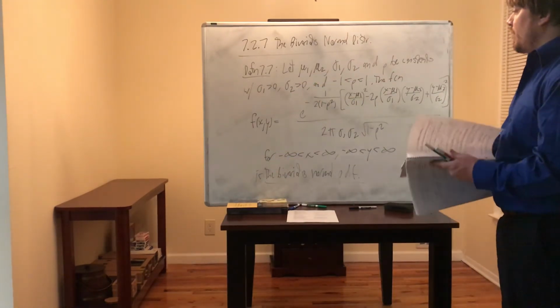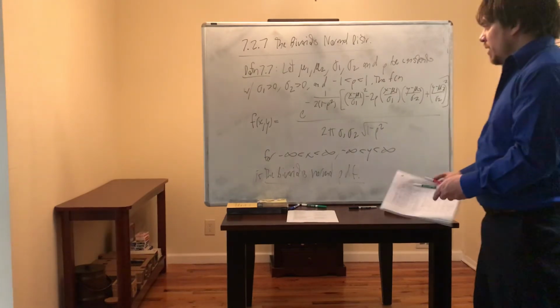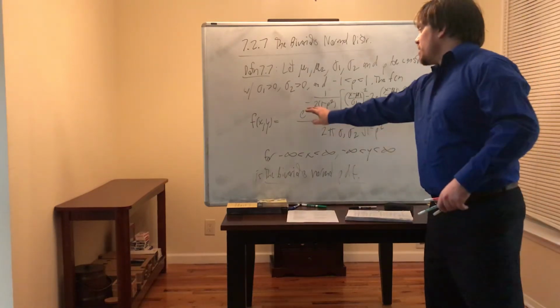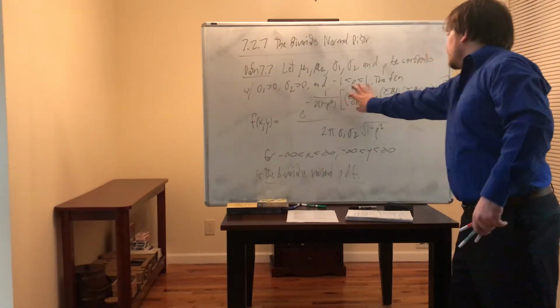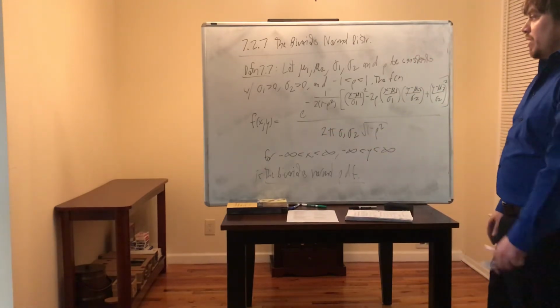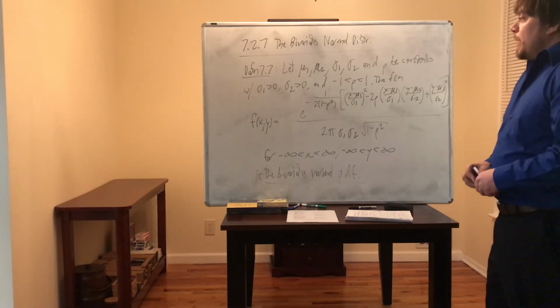Okay, so that's the definition of the bivariate normal probability density function. So that's another probability density function. f of x comma y is equal to e to the negative 1 over that times that divided by that. And that's for any x, y values, any real numbers x, y.